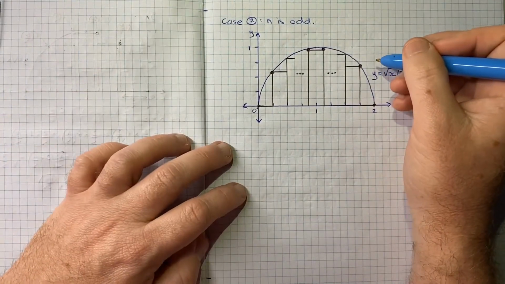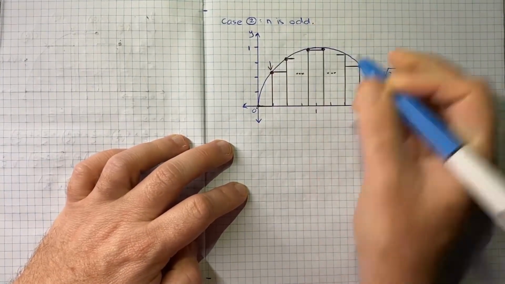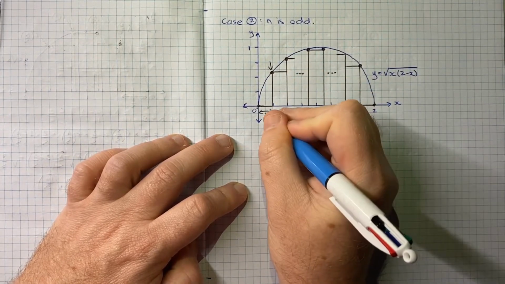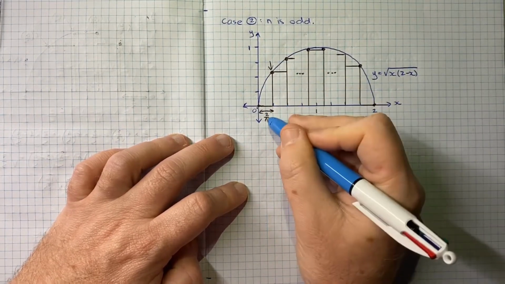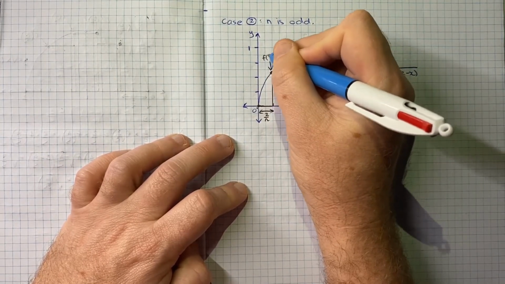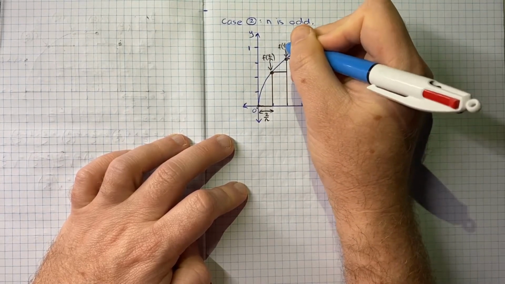I guess the key point to note is, if our width here is again 2 on n in generic terms, it's just that n is an odd number now. So this would be the function at 2 on n. This height would be the function at 4 on n.